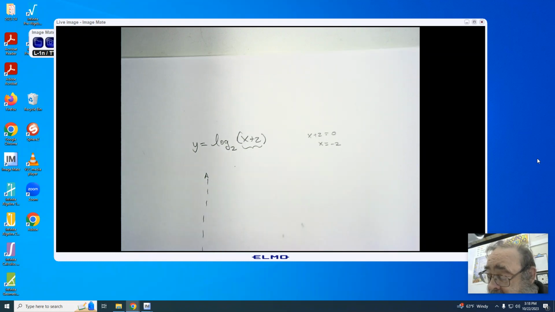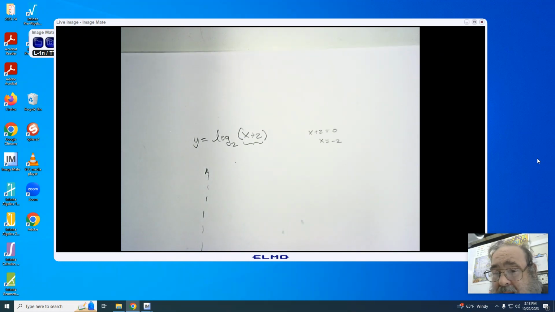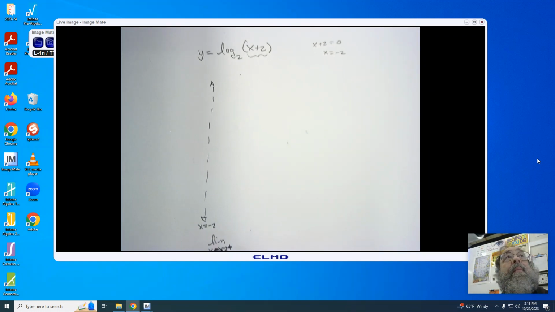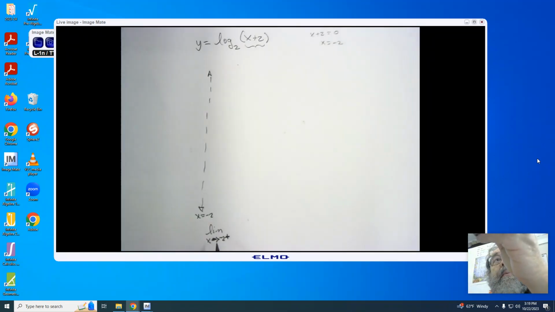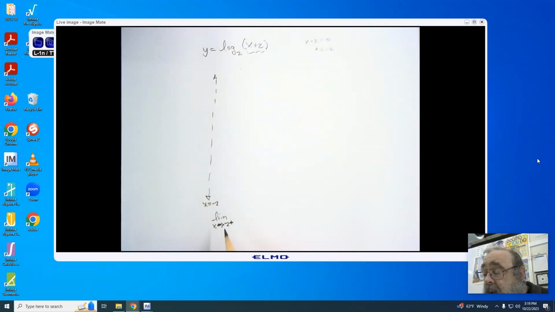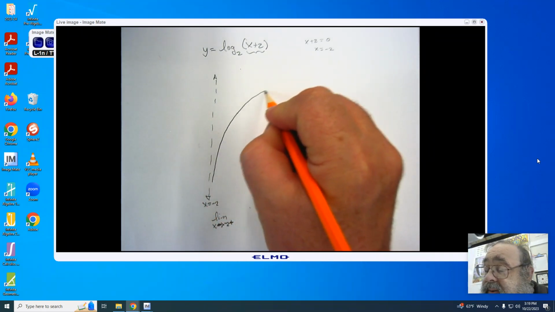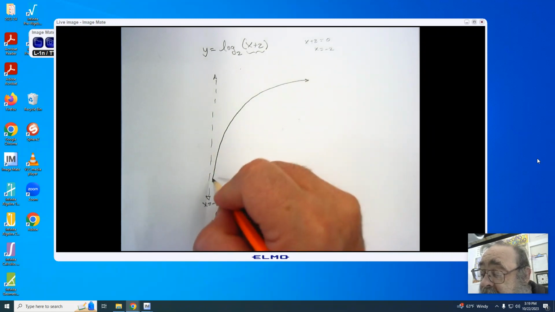You can think of it as the limit as x is approaching negative 2, coming in from the right. Make sure you can see that graph coming in from the right. Zoom out just a little bit for you. And our curve does this.